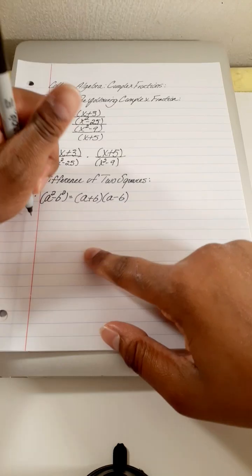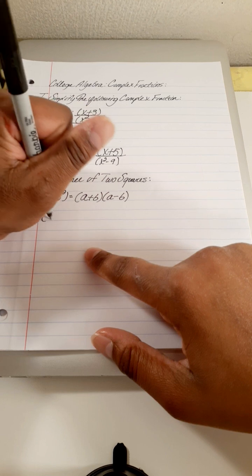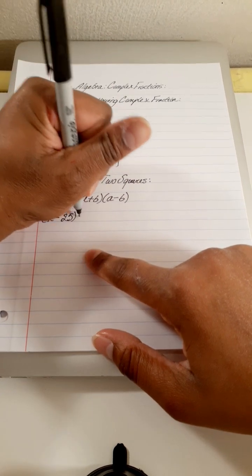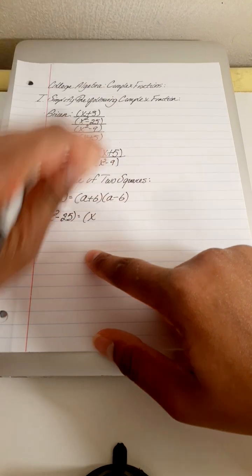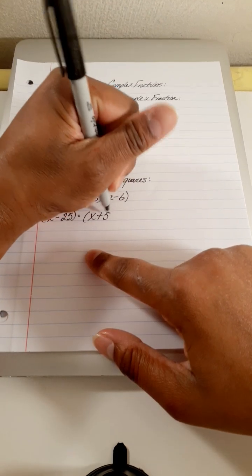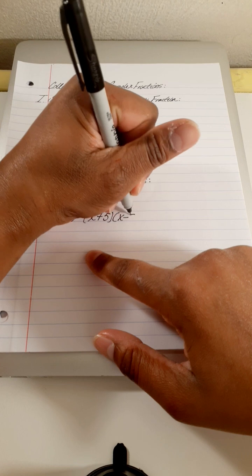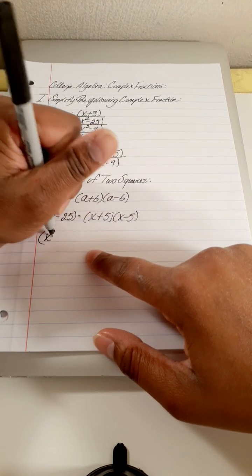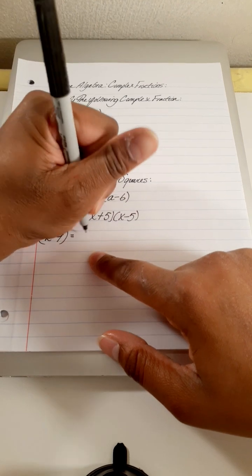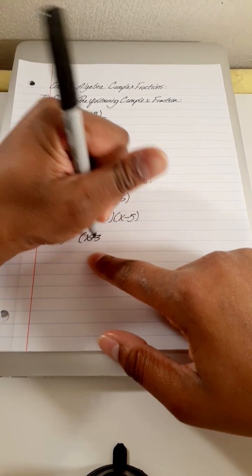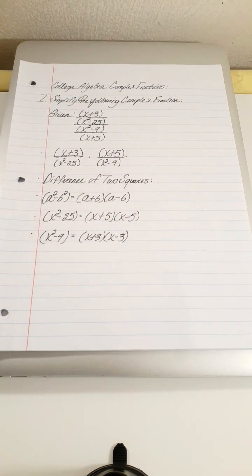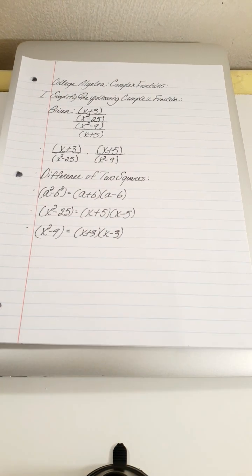So for x squared minus 25, I can write that as (x plus 5) times (x minus 5). Likewise, x squared minus 9, I can write as (x plus 3) times (x minus 3). So all I did was factor using a difference of two squares.